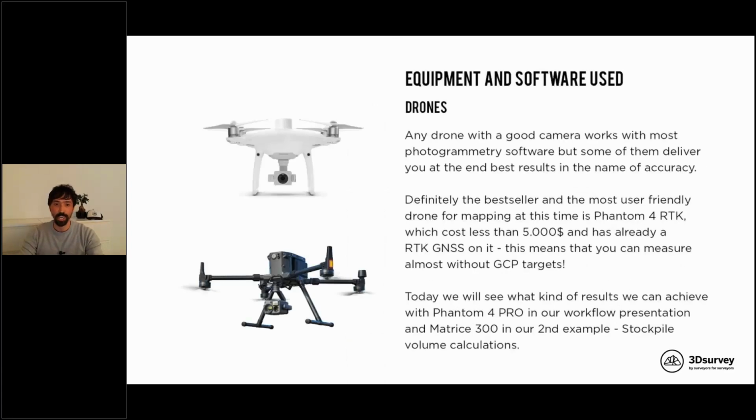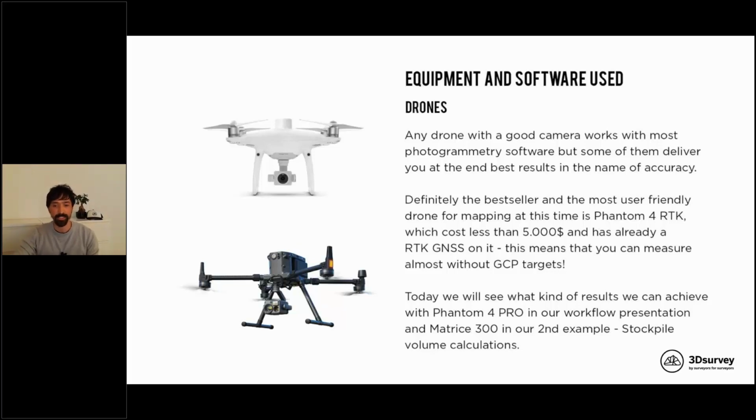Let's have a look at what kind of equipment and software we use for this. First is equipment, let's say drones. I would say any drone with a good camera works with most photogrammetry software on the market, but some of them deliver better results in terms of accuracy.